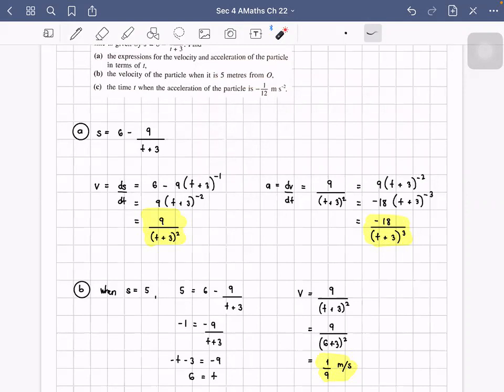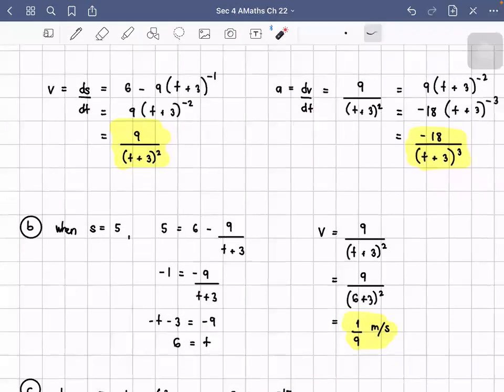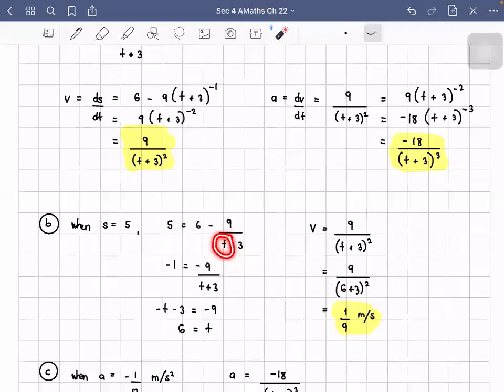So if we know that the particle is 5 meters away from the origin, using the displacement function given, s is equal to 5 now, and then what do we need to do here? We just basically need to solve for t, for the time.